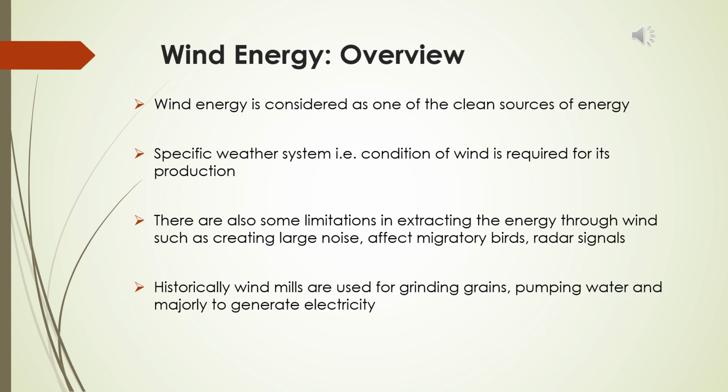Although there are few limitations, still there are so many advantages. And the major one is that it is environmental friendly. And that is the reason we are scaling up the use of wind energy, as this is one of the renewable sources of energy.